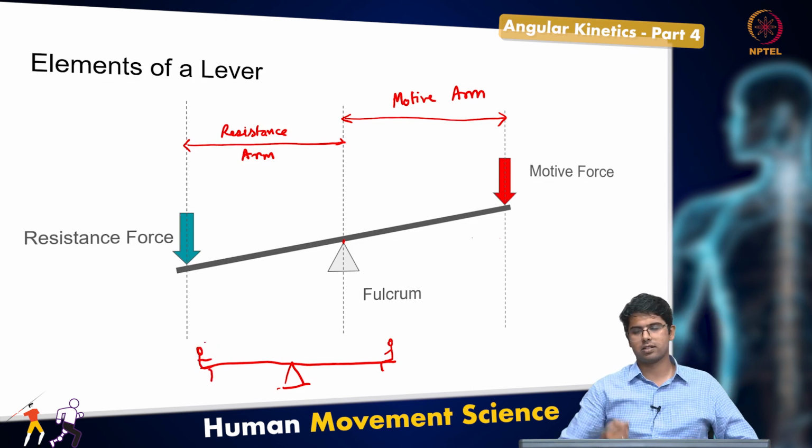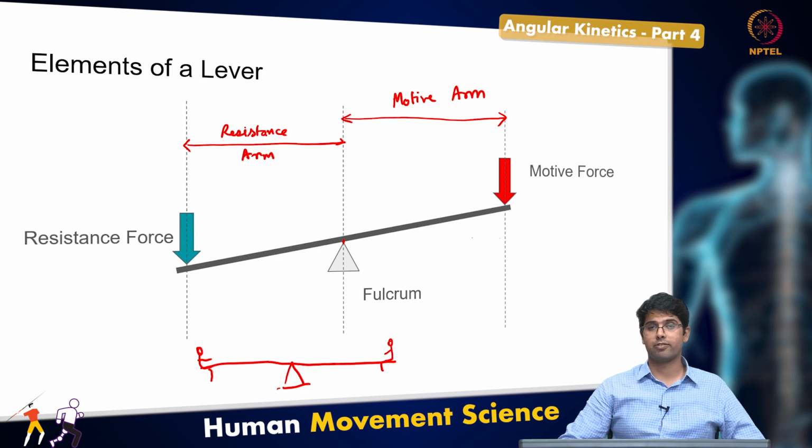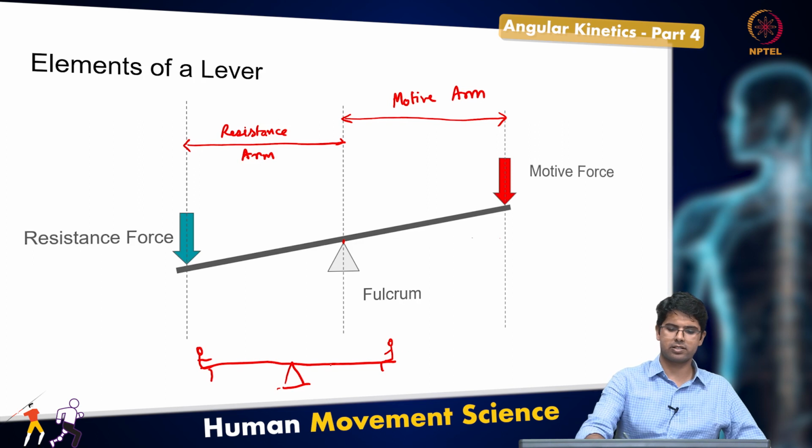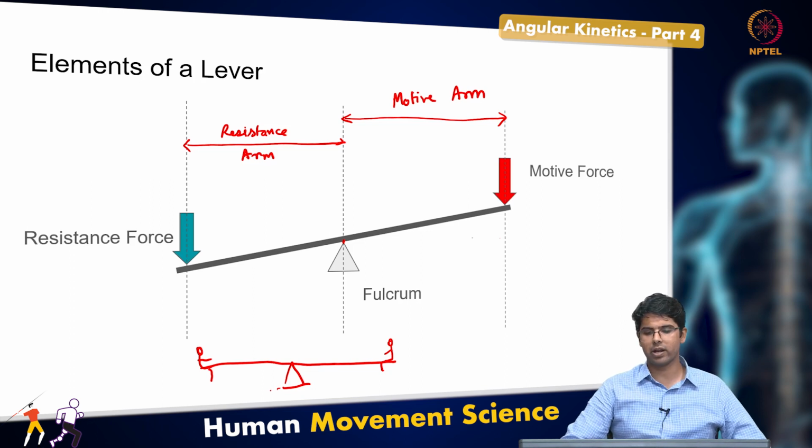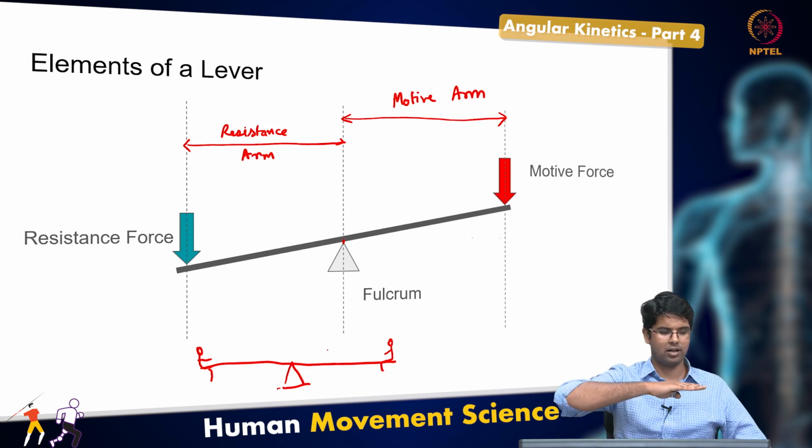Assuming this is a very good seesaw manufactured precisely, and the seesaw is horizontal, and you and your friend weigh the exact same, this lever should stay in a fixed orientation.